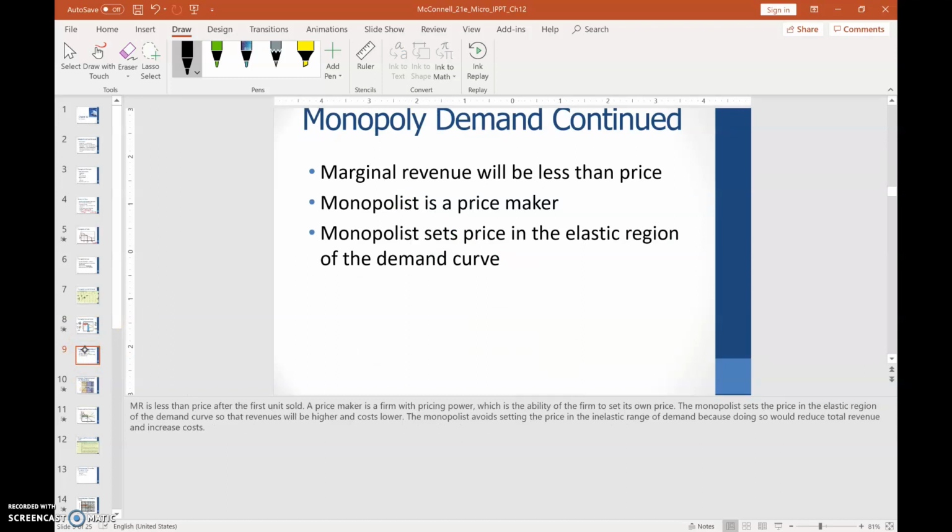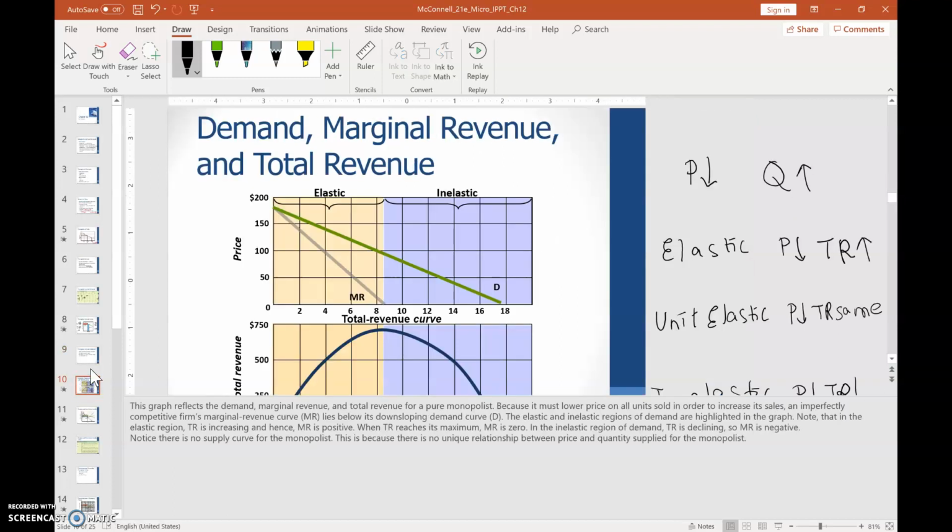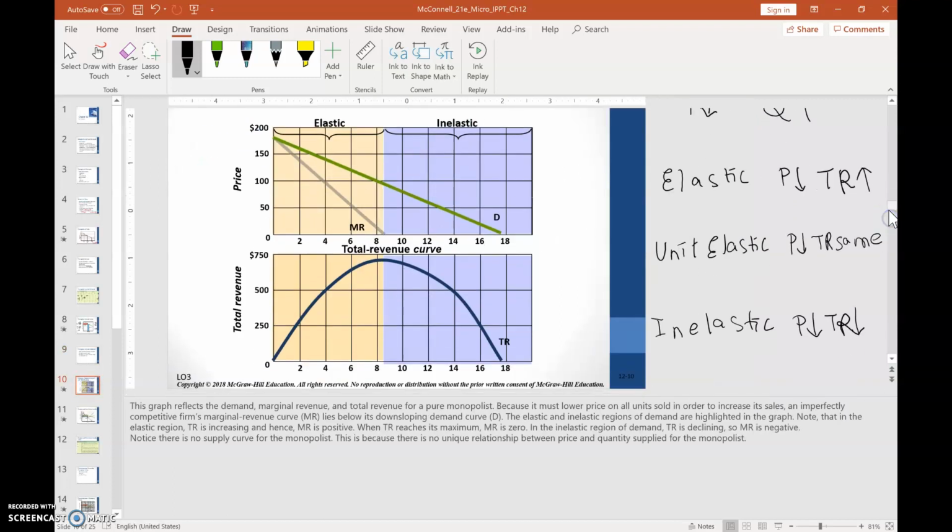And next I'm going to look at the monopolist production in the elastic section of the demand curve. So take a look at this graph here. I have the price and total quantity on the top, and on the bottom I have the total revenue and total quantity graph.